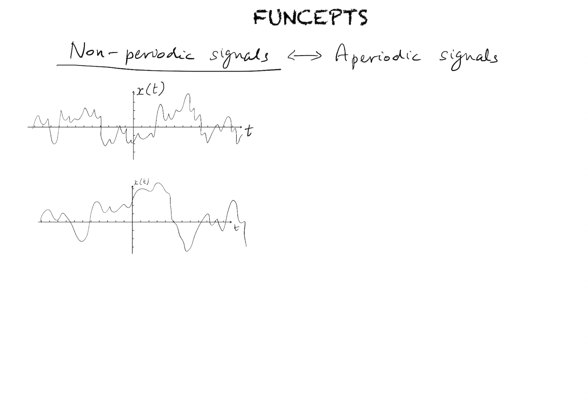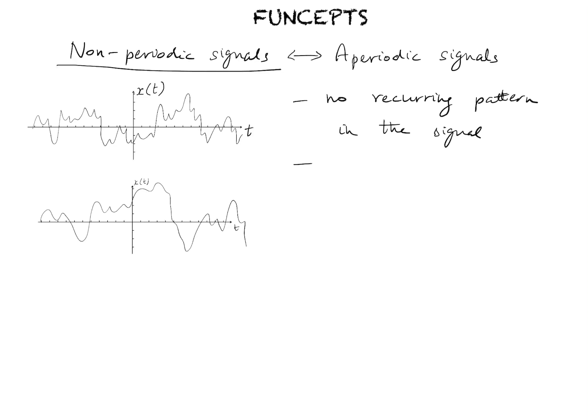So non-periodic and aperiodic mean the same thing. In the case of aperiodic signals, there is no recurring pattern in the signal. So if there is no recurring pattern, what can we say about the time period?